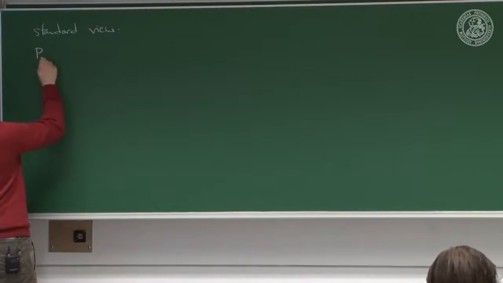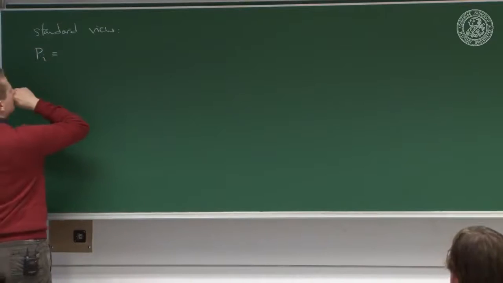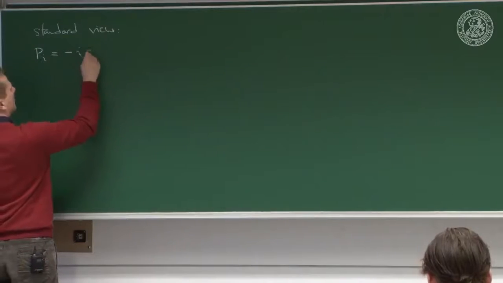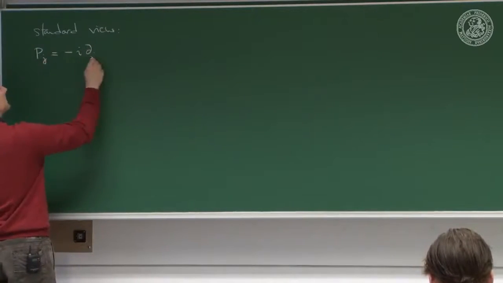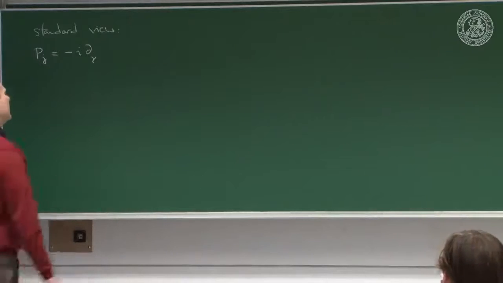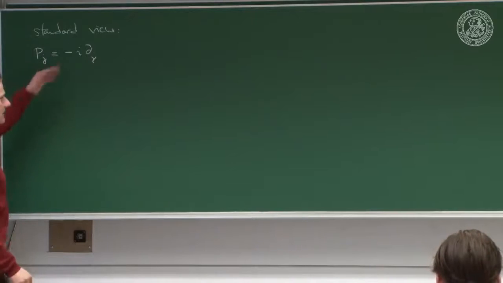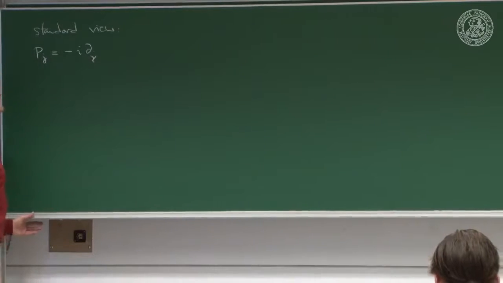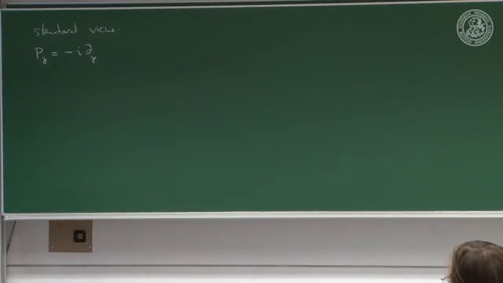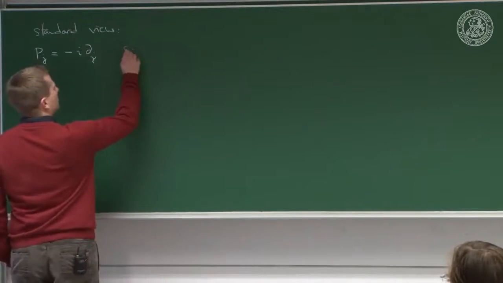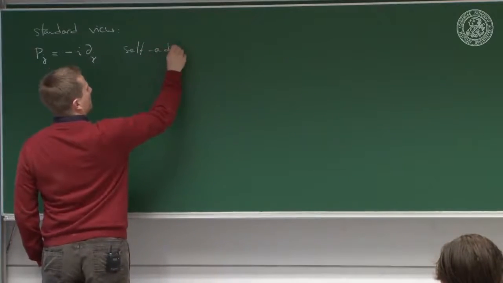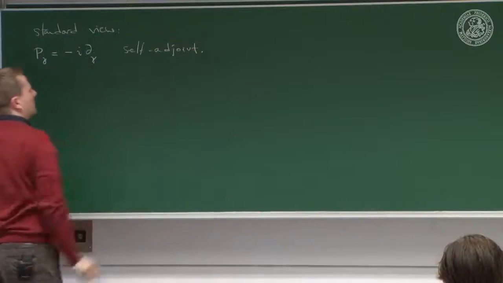First of all, P_j, which is the minus i del_j operator acting on some suitable restriction of L2 in this case, is self-adjoint with respect to the inner product we defined.